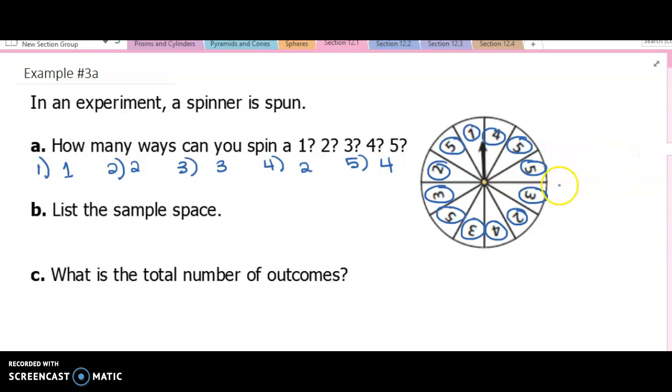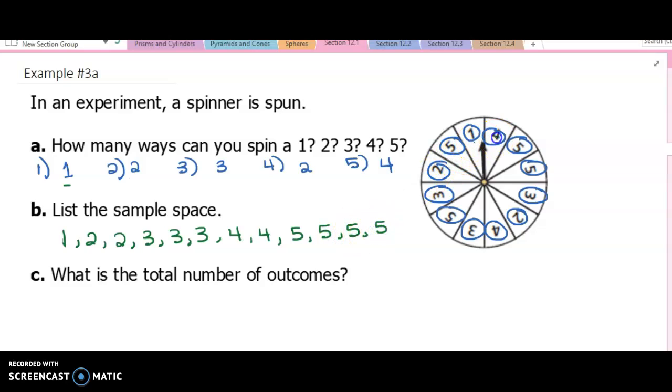Okay, now the sample space then would be, and this might be a little confusing, so we could have a 1, or remember we have 2 2s, so 1, 2, 2, 3 3s, so 3, 3, 3, 2 4s, 4, 4, and 4 5s, so 5, 5, 5, 5.